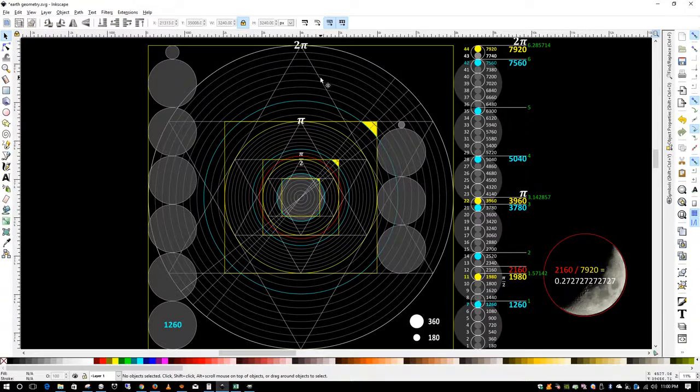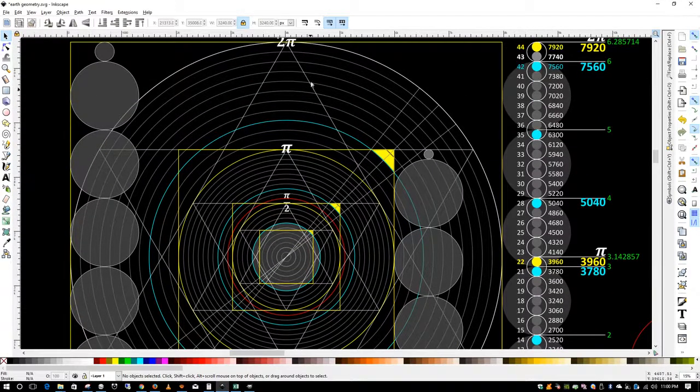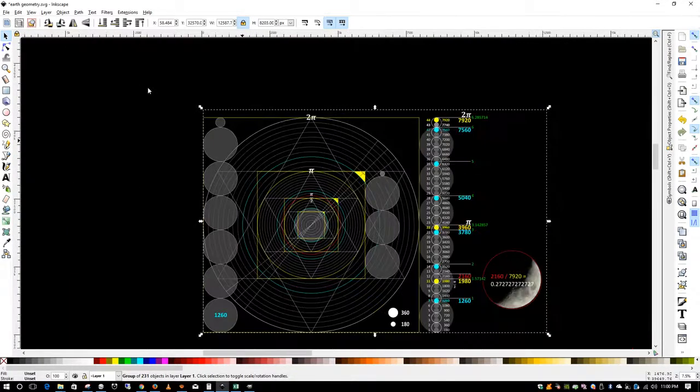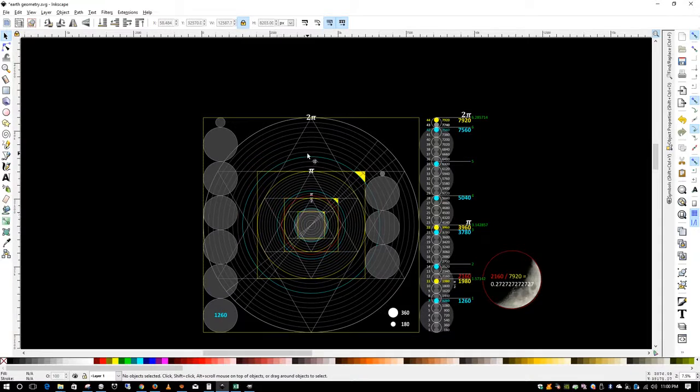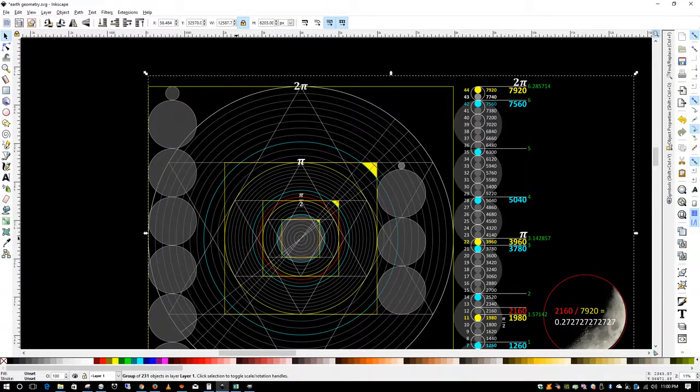So what's interesting about this system here is if you take the double triangle or the Star of David or the six-sided star, and you place it inside of here, and you place your rings inside of here, then you'll notice that where these yellow squares are, that represents pi, and the ring that you see here represents the circle that it's squaring.